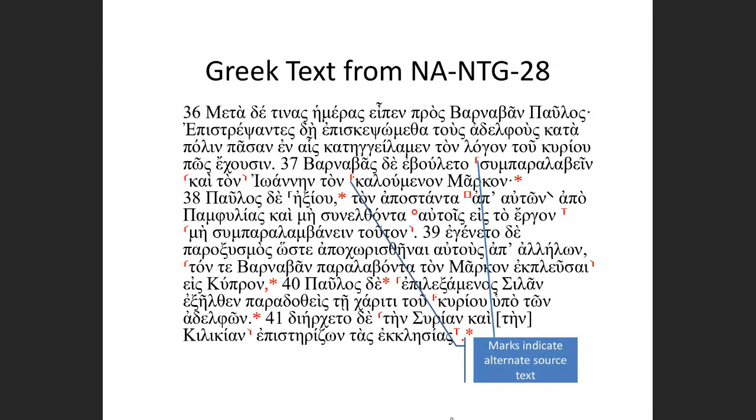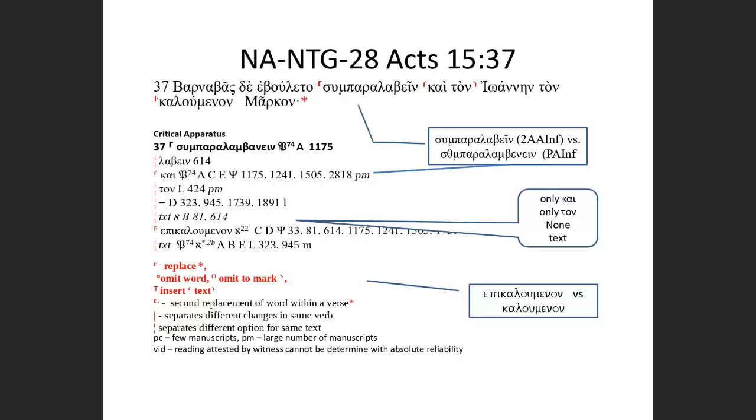Okay, and so what we're going to do is look carefully at what is exactly involved in these markings. If you look at the first word, sum paralamben, and if you're familiar with your Greek, it's sum plus paralambano as the base word.